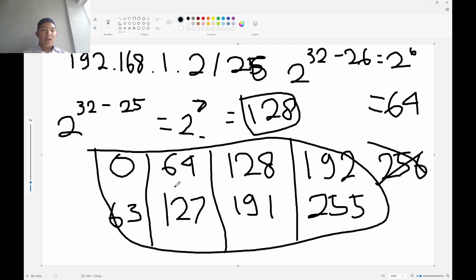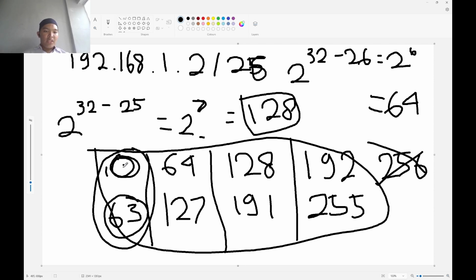And oh yeah, I forgot to tell you, per group there are 2 special IPs that we cannot use. The first IP and the last IP. The first IP is for the network IP, and the last is for the broadcast IP.